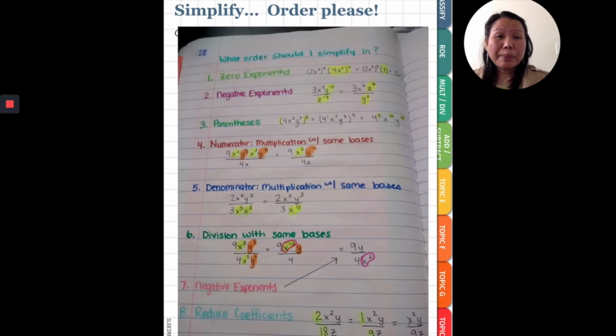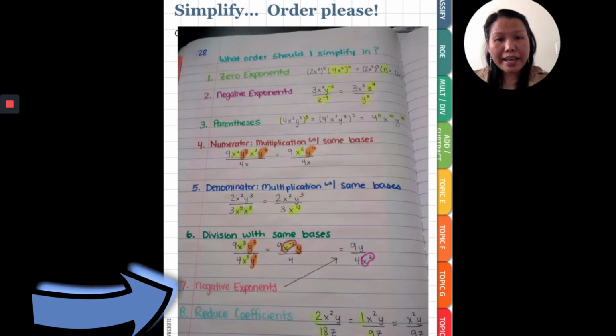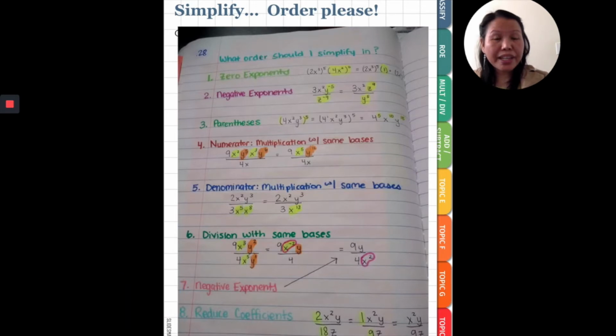You are going to subtract the exponents when we have the same base. Number 7, negative exponent. Again, if we have a negative exponent, always change it into a positive exponent unless the question says leave your answer with negative exponents. Then and only then can you have a negative exponent in the answers.